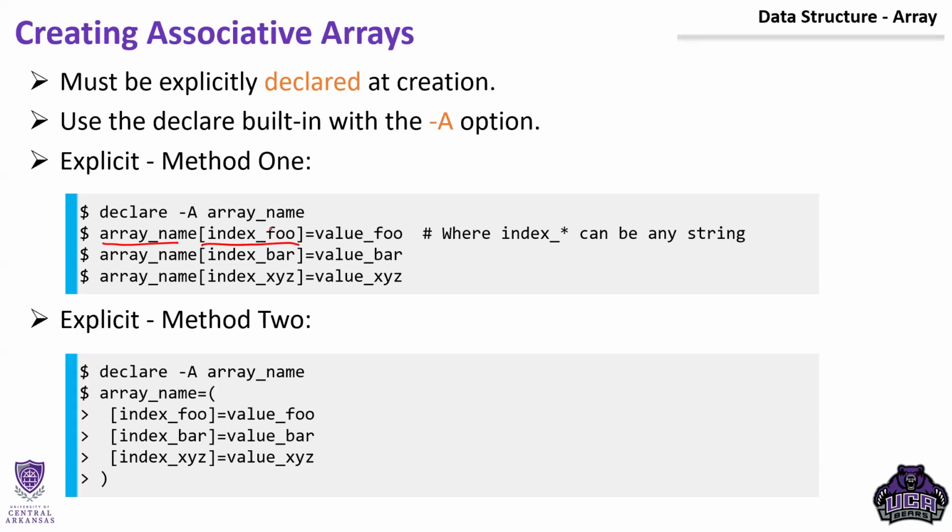It could be text, it could be numbers. It really doesn't care. And then you give it your value. You can shorthand it with the same method here, but because it is an associative array, there is no type of auto indexing that can take place. So if you use the parentheses, you still have to do the brackets. You start each entry with a bracket and give it some type of string value as your key.